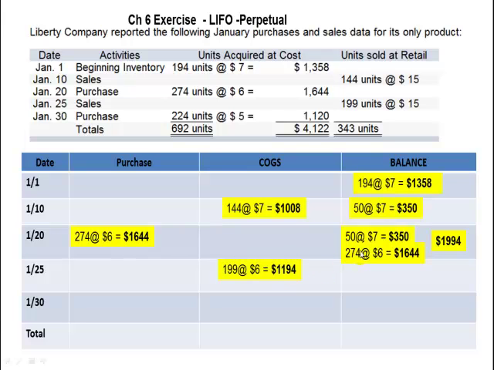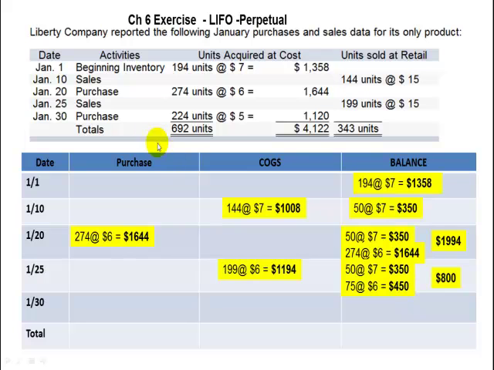Which means that our inventory balance at January 25th after that sale will be the 50 units we had at $7, and what's left from the 274 less 199, which means we have 75 of these units left that we paid $6 a piece for. So that means our inventory balance on January the 25th after this sale will be $800. That's the 350 plus the 450.